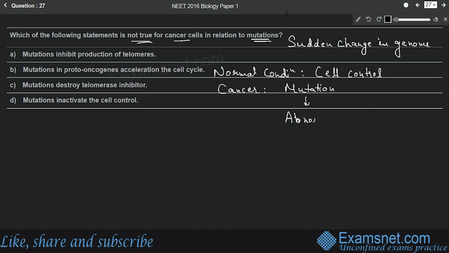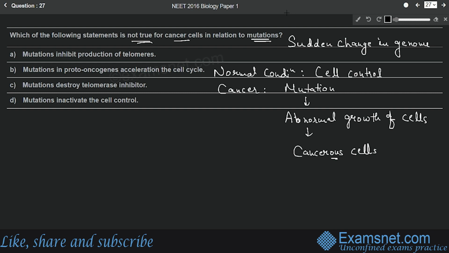Okay, abnormal growth of cells, and it leads to the formation of cancerous cells. Now, why are cancerous cells dangerous? It is because they take up the nutrition of normal cells, and due to this the normal cells are starved to death. Okay.